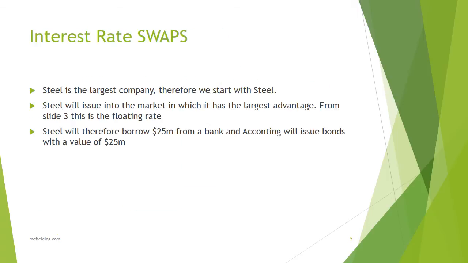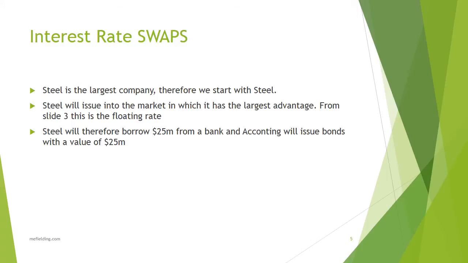So all that we've done here is that we've just summarized that narrative that I gave you on the last slide. Steel is the largest company, so by convention, we start with steel. Steel will issue into the market in which it has the largest advantage. From slide 3, it has the largest advantage in the floating rate market.